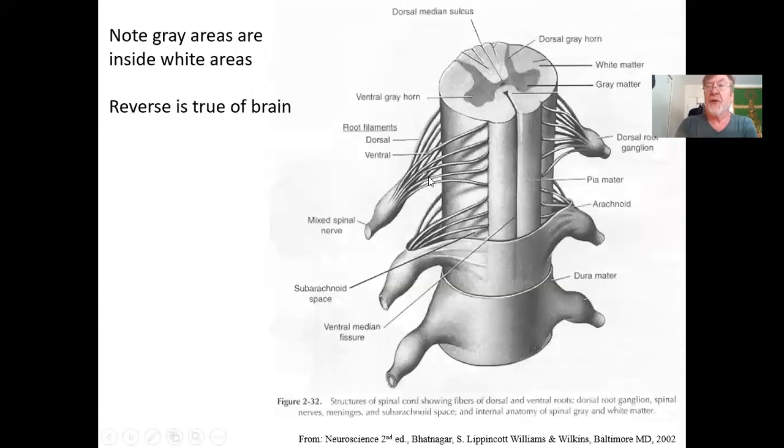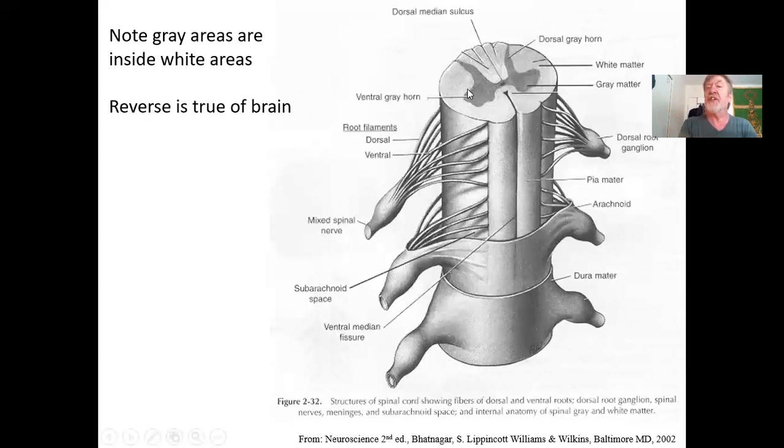What's interesting to note is that in the spinal cord, the white matter is on the outside, the gray matter is on the inside. What's white matter? Fatty lipid content. Think of insulation around a wire. And what's the gray areas? The cell bodies that are not myelinated. The myelin is the white fatty lipid insulation on the outside.